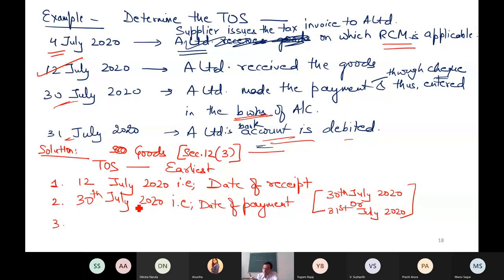So 5, 6, 7, 8, 9, 10, 11, 12, 13, 14... 31, 1, 2, 3. So 3rd August 2020 will be the 30th day. And I am using the words immediately following 30, so the answer will be 4th August 2020.